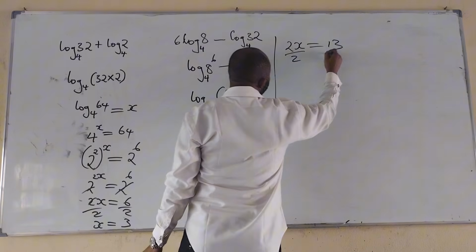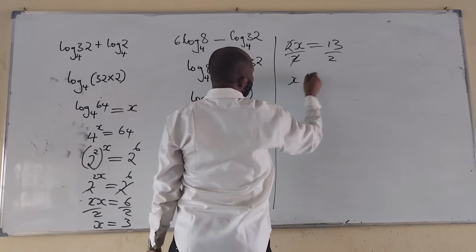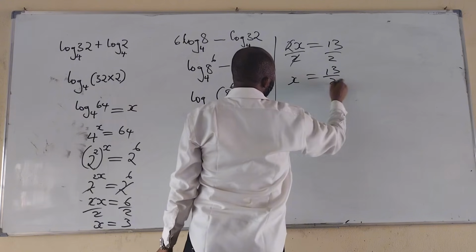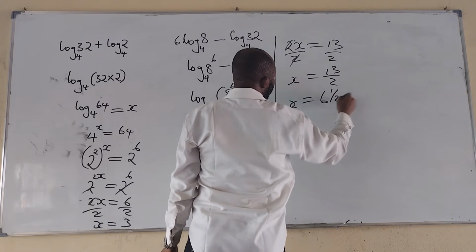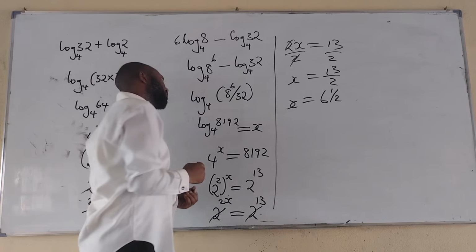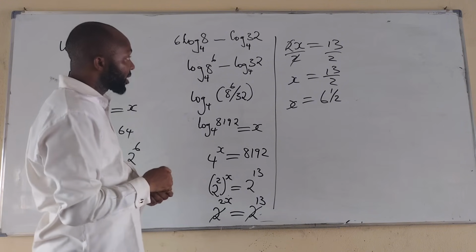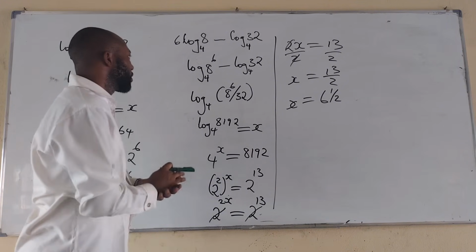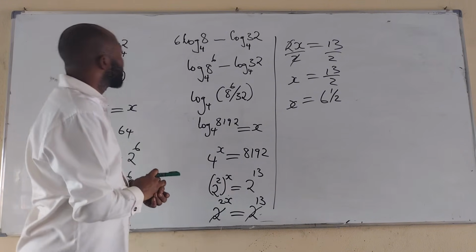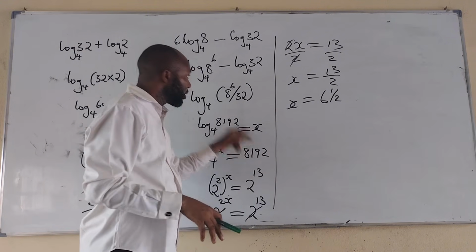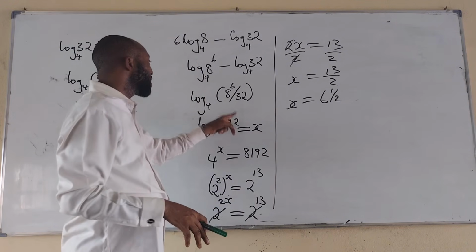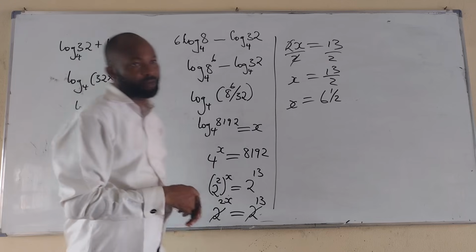Divide both sides by 2. x is equal to 13 over 2, which is 6 and 1 over 2. So the number of times 4 can be raised to give us 8192 is 6.5 times.